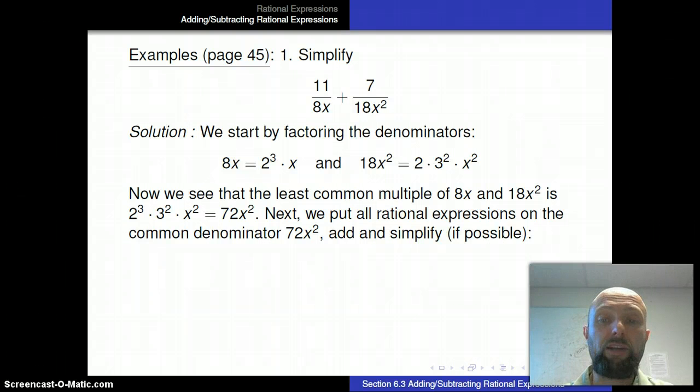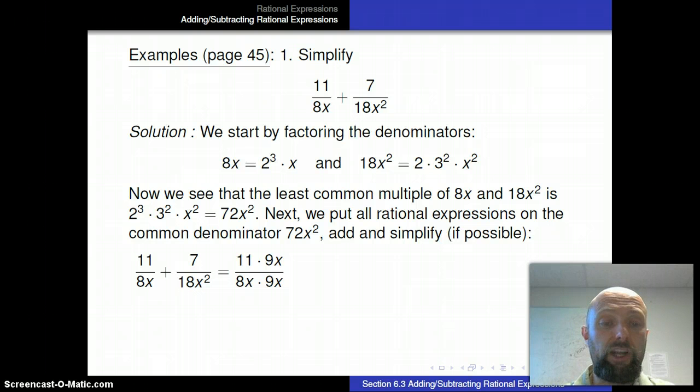Next, we put all rational expressions on the common denominator 72x squared, add, and simplify if possible. So 11 over 8x plus 7 over 18x squared is equal to... We need to change the denominator 8x into 72x squared. Since 72x squared divided by 8x is 9x, we multiply numerator and denominator by 9x.